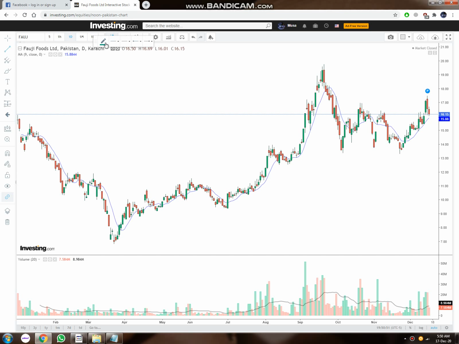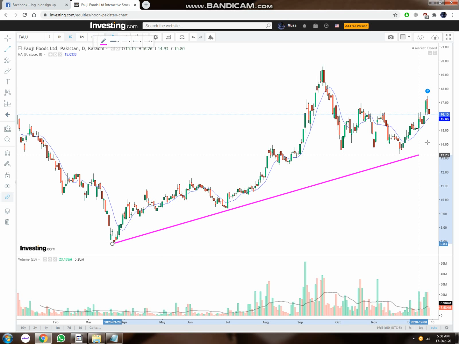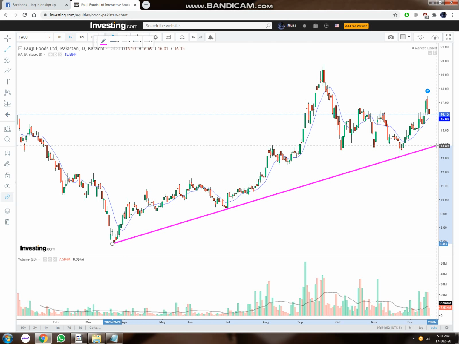Now you see here this is a two-way trend. Now you can see maybe a three-way: downtrend, uptrend and side trend. This here is an uptrend, as you can see.